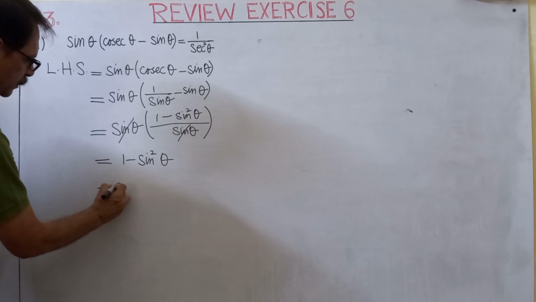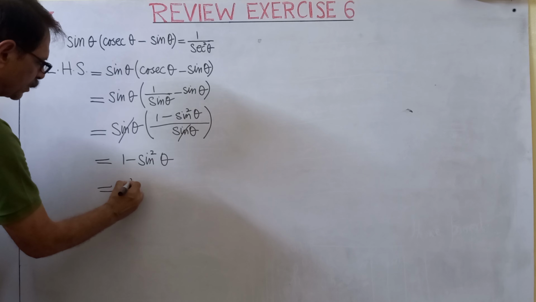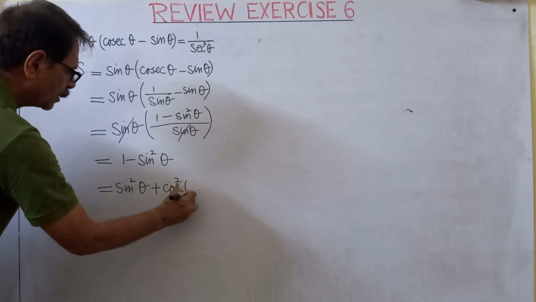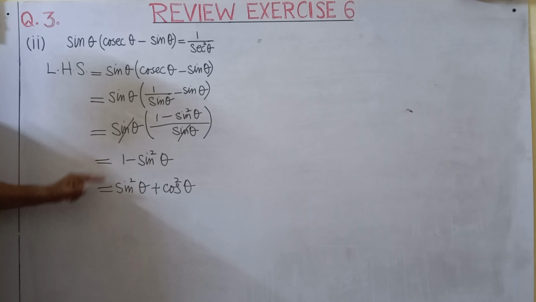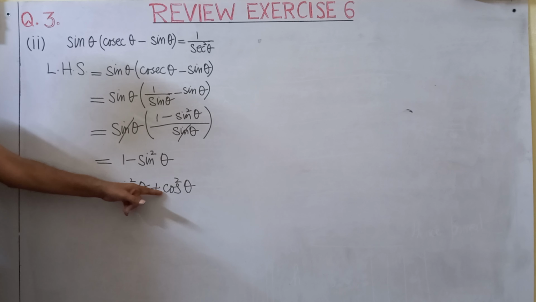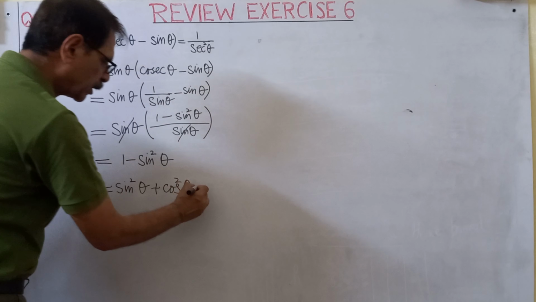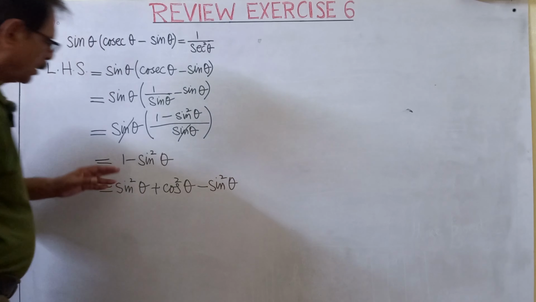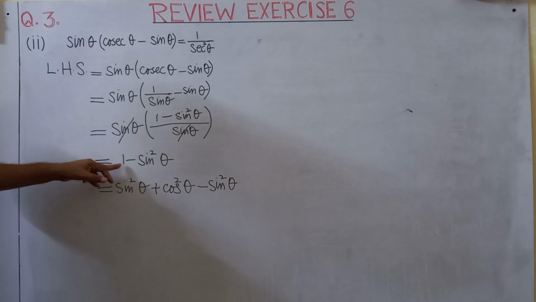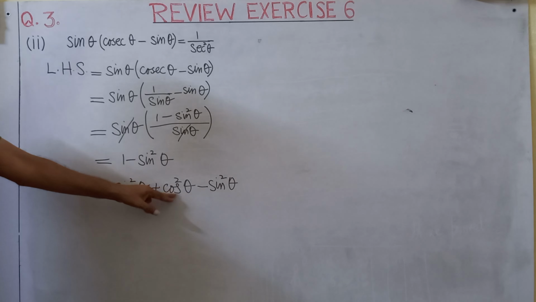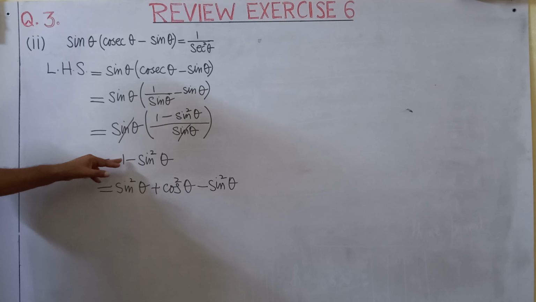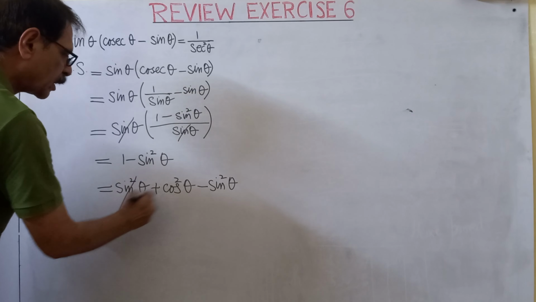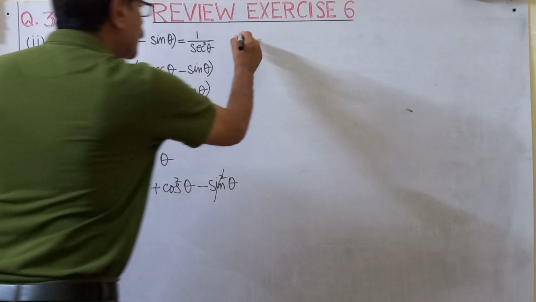1 can be written as sine square theta plus cosine square theta. We know that sine square theta plus cosine square theta is equal to 1, so 1 minus sine square theta. Sine square theta cancelled with sine square theta.